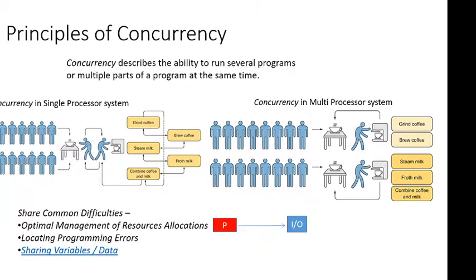Or another scenario you can take is the process P requests input output, and he gets the permission for input output, but he can do input output only if he gets another resource, and that resource is not free. So he waits for that resource, and he keeps waiting, all the while holding this input output. He's making this input output busy even though he's not working on it.